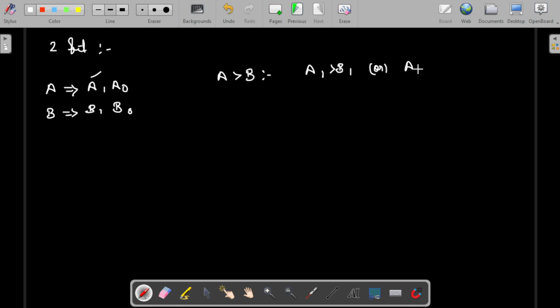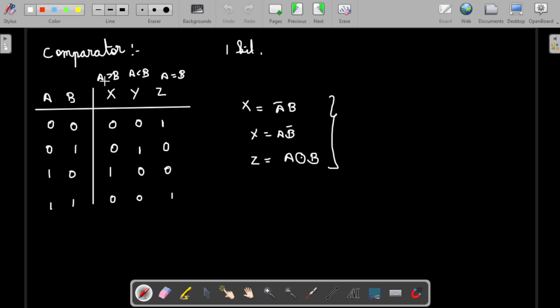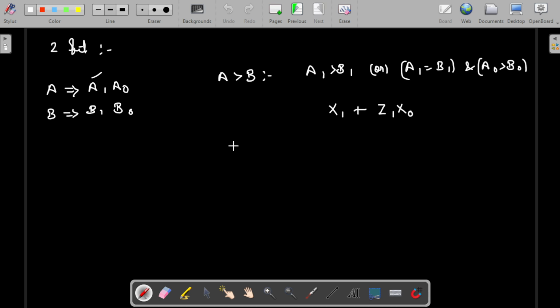Or if A1 is equal to B1, the first bit, and the second bit A0 is greater than B0, then also we can say A is greater. So this can be written as x1 plus z1 x0, where OR means plus and equal means z1. I am getting this from the previous part: x means A is greater, and equal we calculate as z. So I hope this is understood.